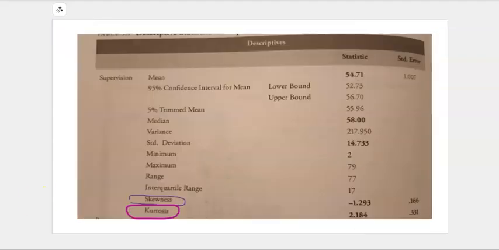You will see that the Fisher's skewness here is minus 1.253, and you divide by the standard error of the skewness. So you will obtain minus 7.789. So this is outside of plus minus 1.96.